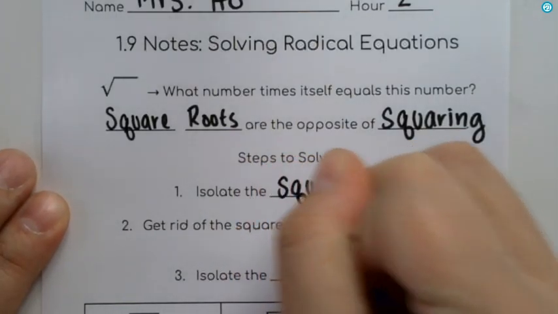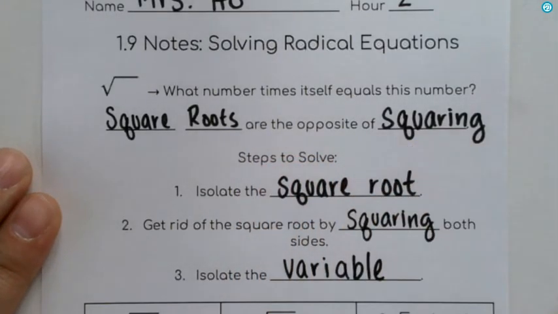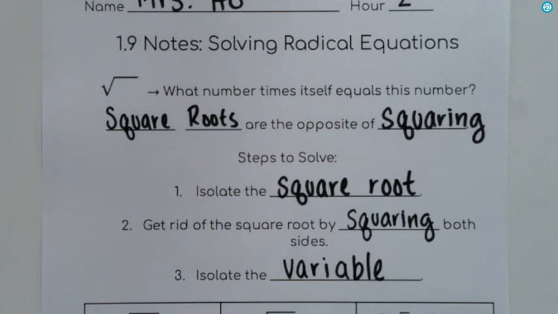We've already isolated the square root. Once you get rid of the square root, you just keep solving for x. And that would be us isolating the variable. So just like with all other equations, we need to work backwards, and then in the middle, or sometimes it's at the beginning, sometimes it's at the end, we'll get rid of the square root by squaring both sides. So we've got 3 examples. One where it's in the middle, one where it's at the beginning, one where it's at the end. So you guys can see that.